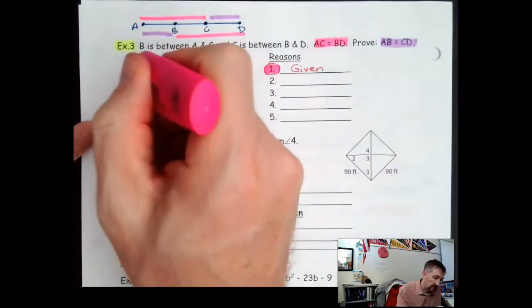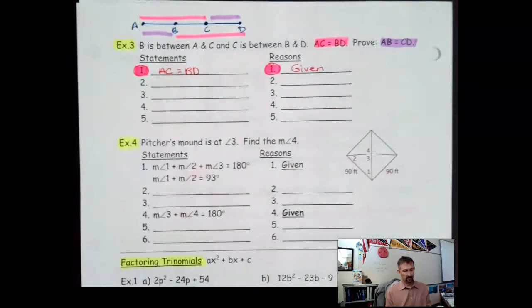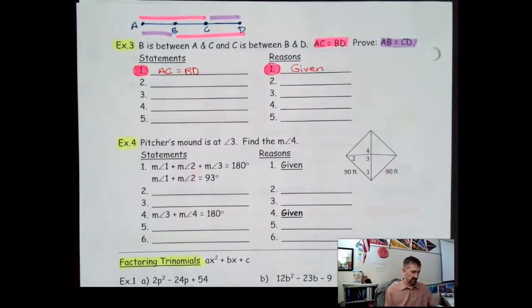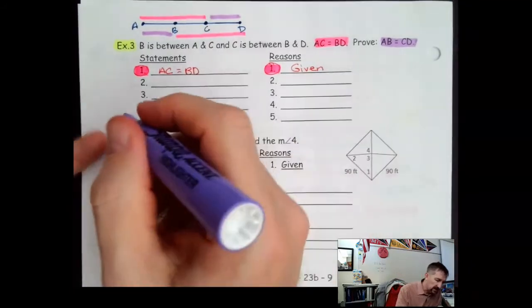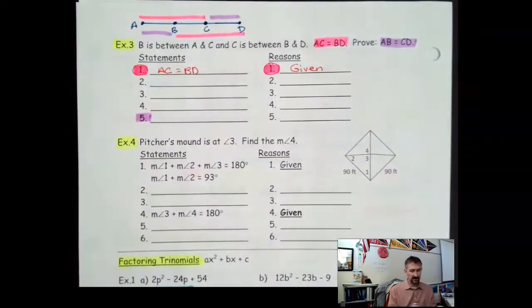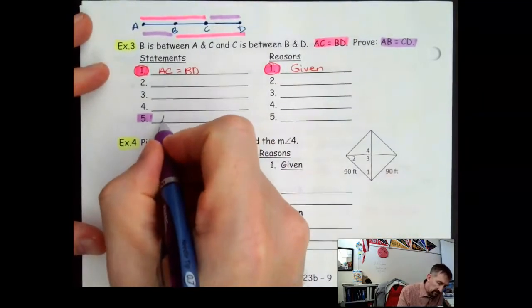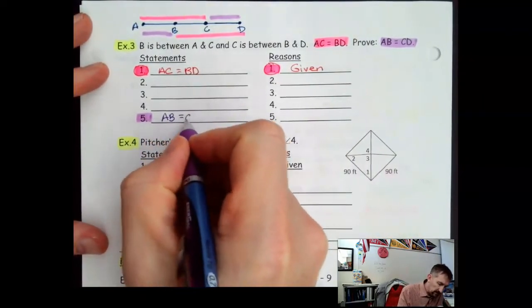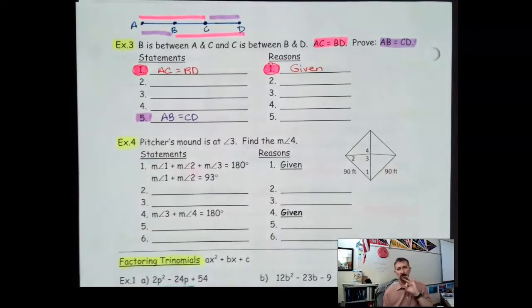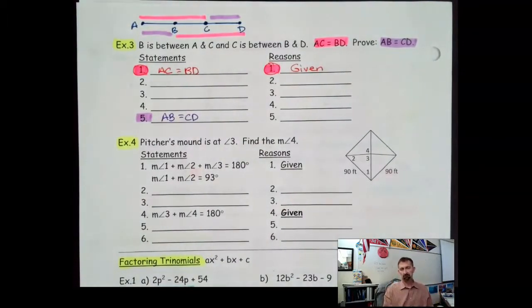And that varies, but it's still given. The thing you're trying to prove is going to be your last statement. So your last statement here is going to be AB equals CD. So those three things should always be right there. Free points.